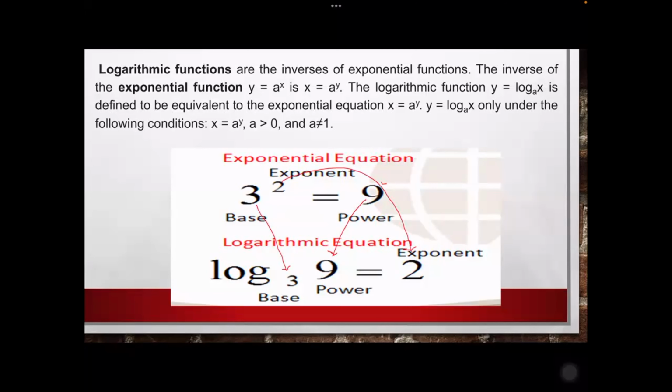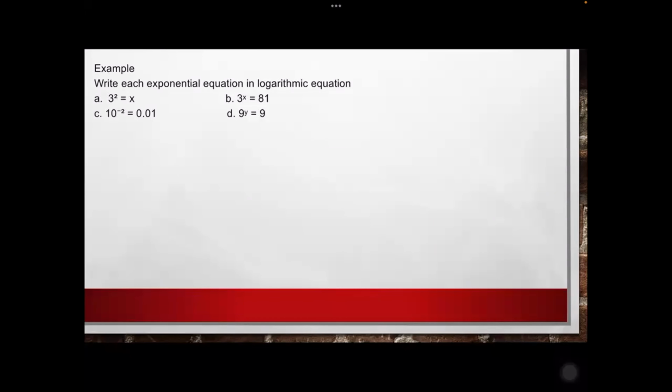Let's have the example. Write each exponential equation into logarithmic equation. So, for the letter A, 3 squared is equal to x. If we're going to write the letter A into logarithmic equation, magkakaroon tayo ng logarithm na yung base natin ay 3.